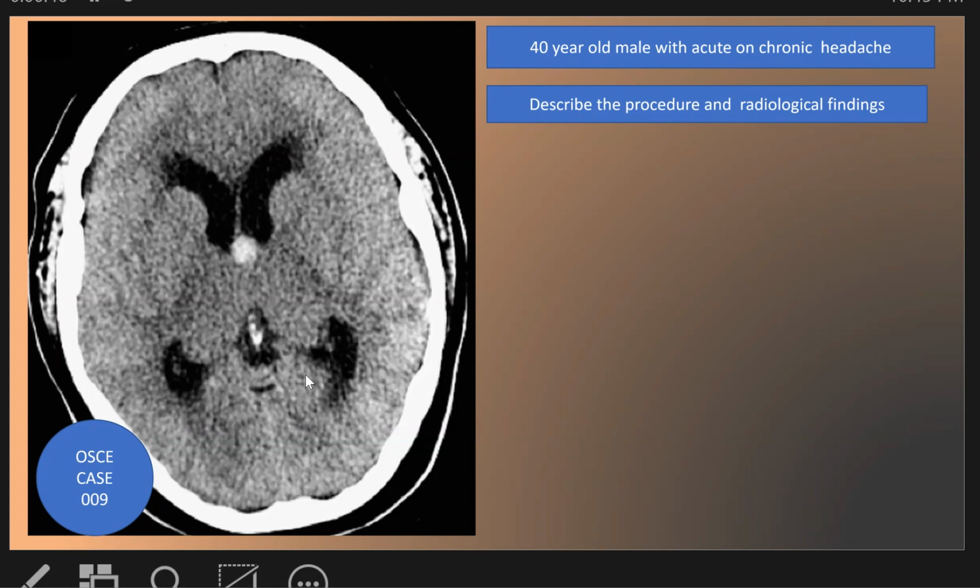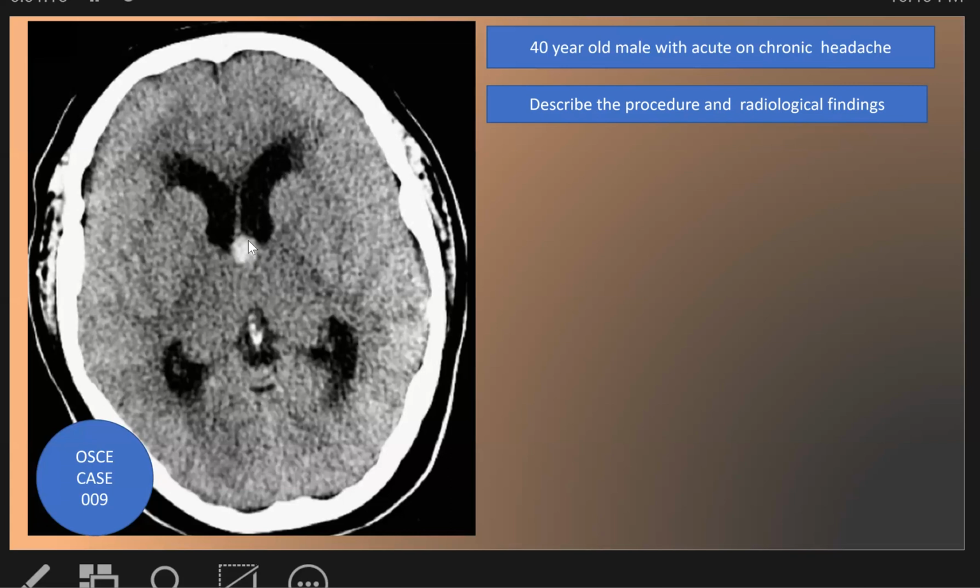As we see here in this brain CT scan, non-contrast study, we see a hyperdense mass centered at the foramen of Monro, and it is associated with hydrocephalus and transependymal CSF leak.